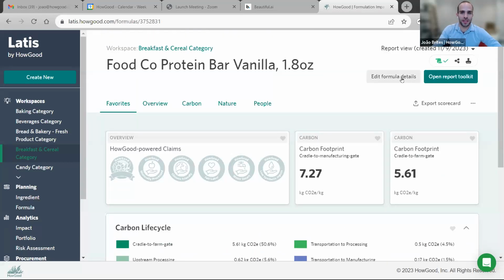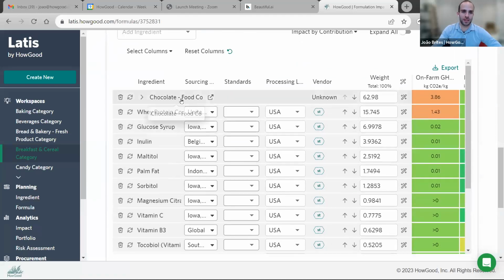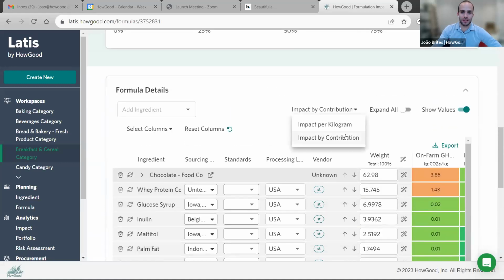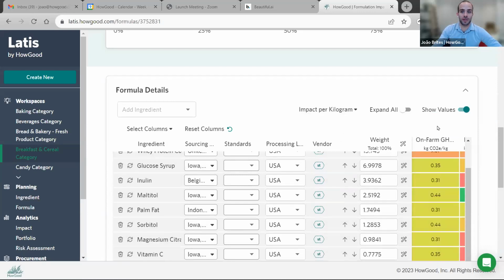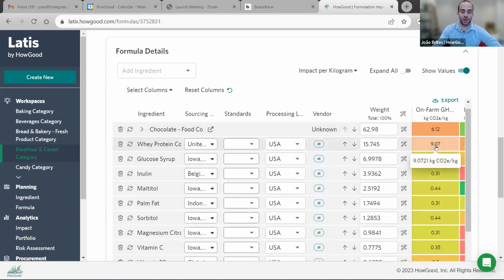But then the really powerful thing is that you can edit this, and this is where automation comes in. For example, I can look at the different ingredients that make this product, from the chocolate to the whey protein concentrate, the sorbitol, the vitamin B3, and see the emissions associated with it. I can also look at the impact by kilogram, which tells me impact per kilogram of product and not just the contribution to the overall product.